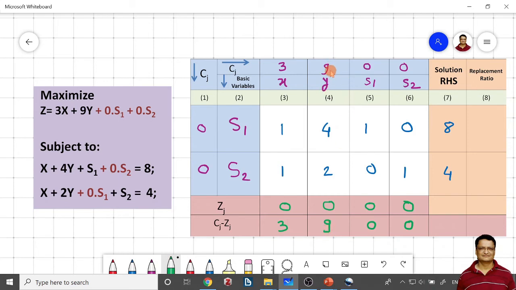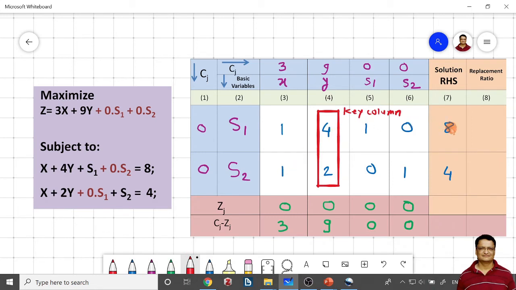So we can say that y is our entering variable. So y will become our basic variable and it is going to replace one of these two variables, s1 and s2. Now to evaluate the departing or leaving variable, we have to evaluate the replacement ratio. Before that, let us call this y column the key column.